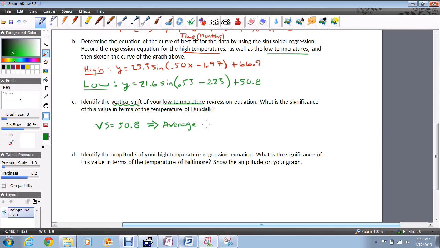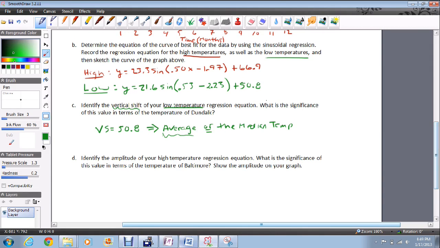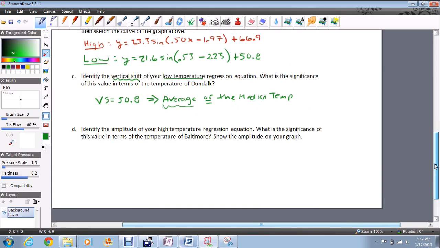It's just the average temperature, or it might even be better to say the median temperature because it's dead center. Most people would just say average, but typically in math we would say median if it's dead center of all the values, because again, if we go up to our graph, oh, I'm sorry, we didn't actually put that on the graph, but if we drew this line in there, 50.8, it's going to go directly through the middle of all our data points. But anyways, just know that it means the average temperature. That's what our vertical shift means.